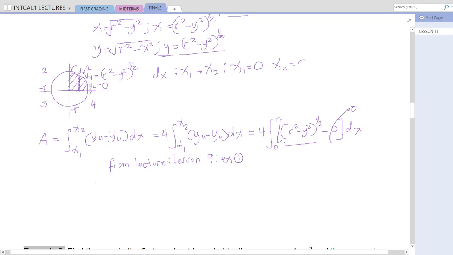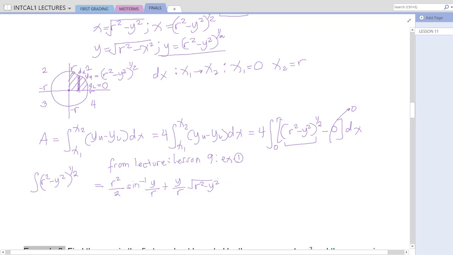For the integral of r squared minus y squared raised to 1/2, that is equal to r squared divided by 2 arcsine of y over r, plus y over 2 times the square root of r squared minus y squared.